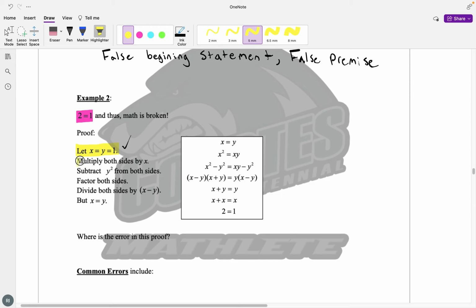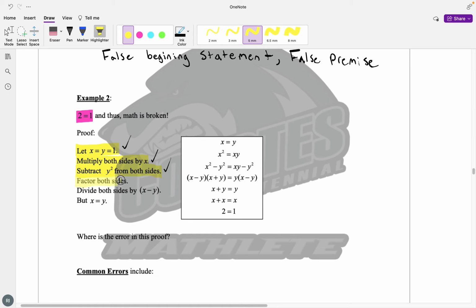Step 2, multiply both sides by x. We're doing the same thing to both left and right, so here no rule is being broken. Subtract y squared from both sides. Again, same thing happening to left and right. No rules being broken here.